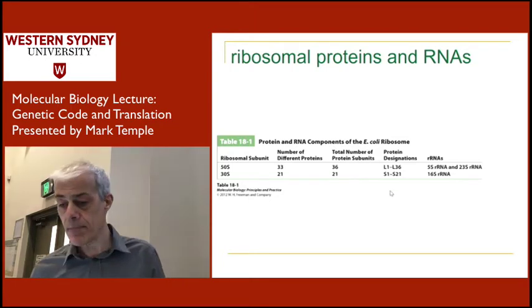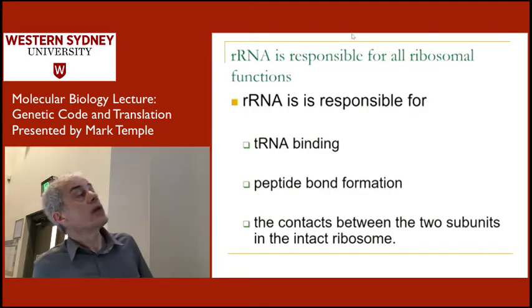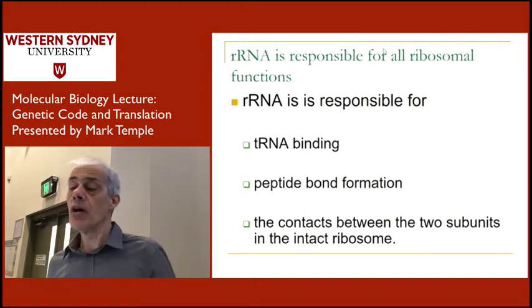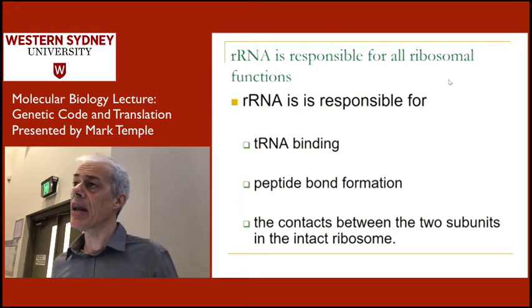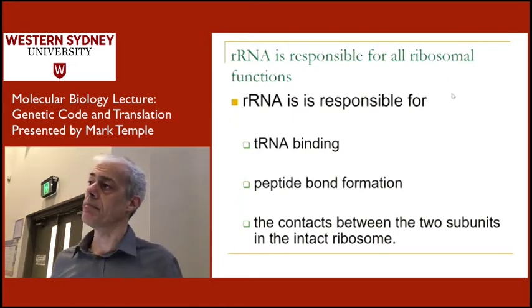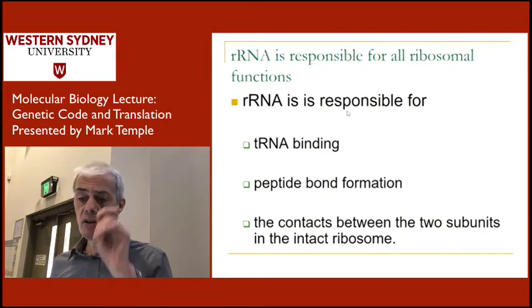Okay? Now, when you look at a ribosome and what a ribosome does, all of those important functions are catalyzed by RNA, not protein. So it's another one of these cases where RNAs carry out all of the functions.